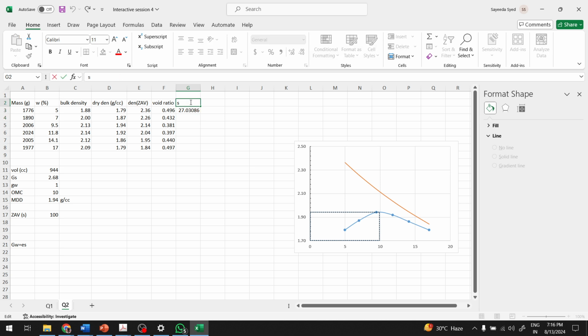W is in percentage, or we can take W not in percent form. So this will be our degree of saturation. It's better to take in the, no, this is fine.